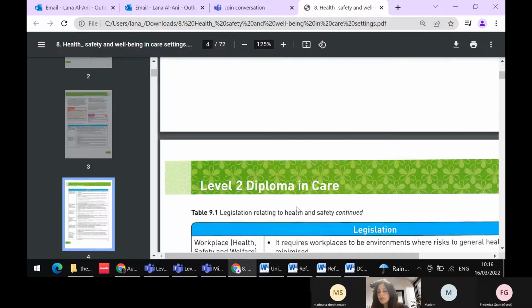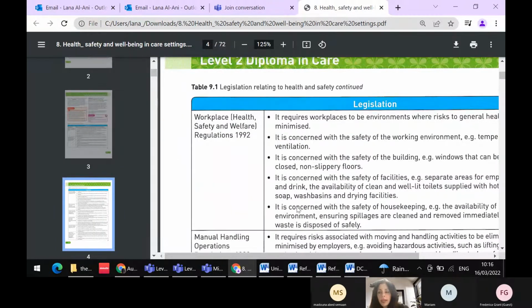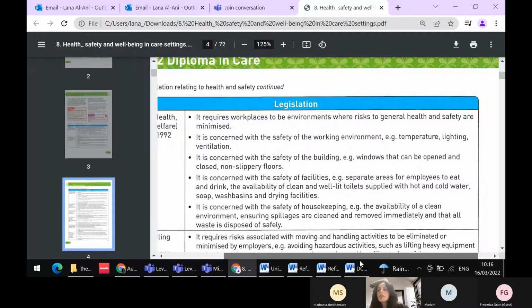And also, we have the Workplace Health, Safety and Welfare Regulations 1992. What is it all about? It requires workplaces to be environments where risk to general health and safety is minimized. So it requires all care settings to minimize risk as much as they can.